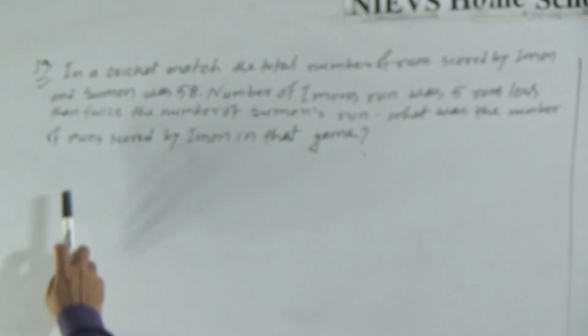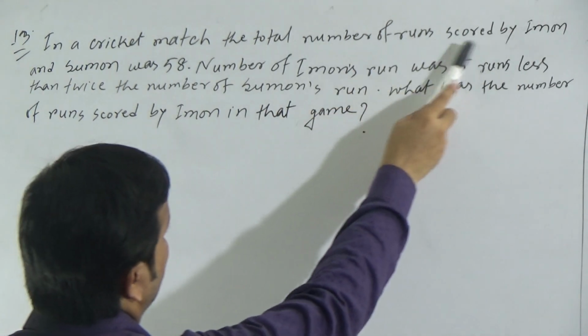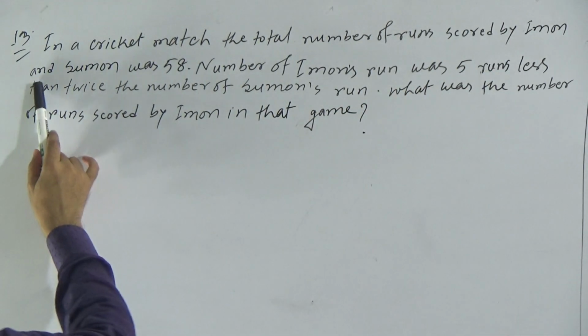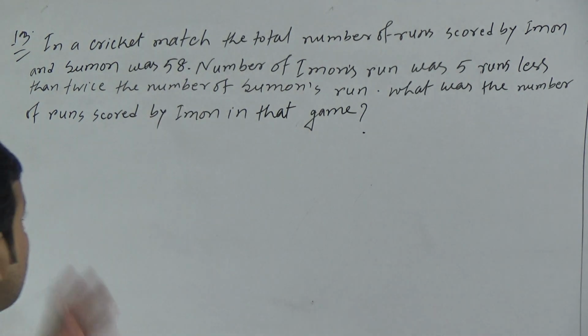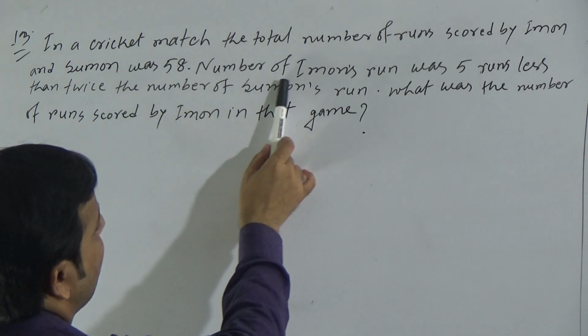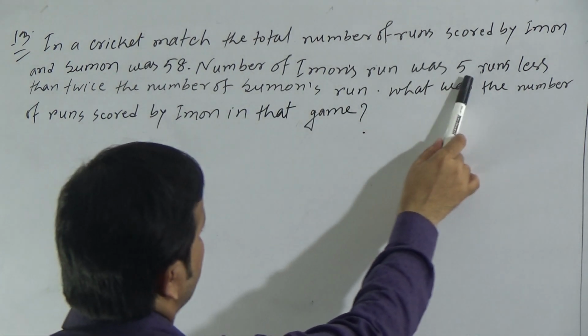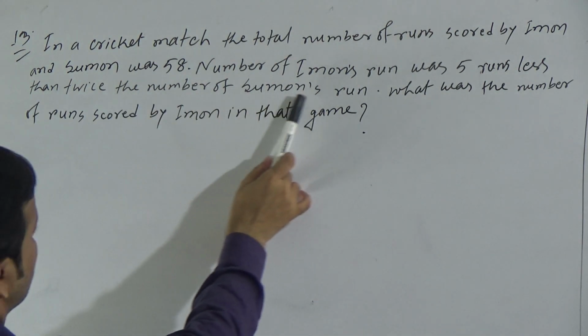See question 13. In a cricket match, the total number of runs scored by Imon and Shumon was 58. It means that the total number of runs of Imon and Shumon is 58. This is the total run. The number of Imon's runs was 5 runs less than twice the number of Shumon's runs.